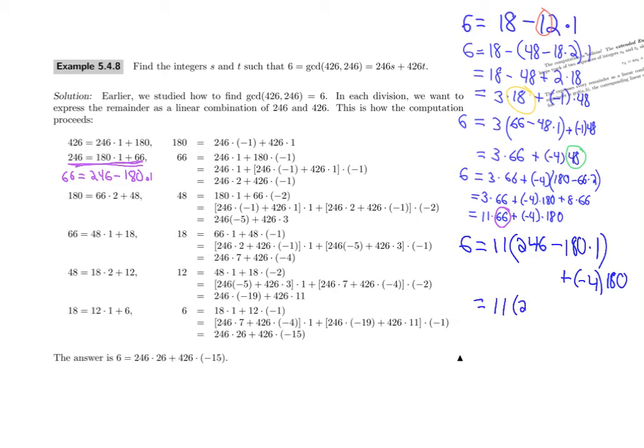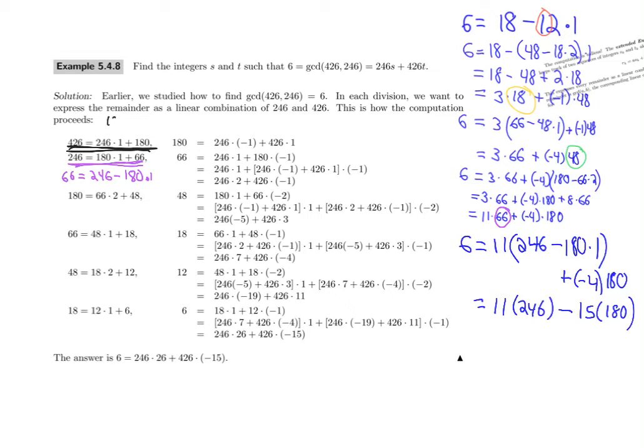When we simplify this, we're going to get 11 times 246 minus 15 times 180. And then finally, we're going to use the very first equation from the Euclidean algorithm, solved for the remainder, as we've been doing with all the other equations.